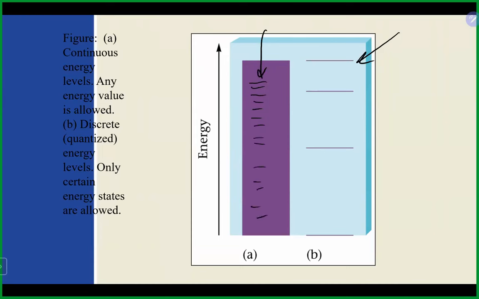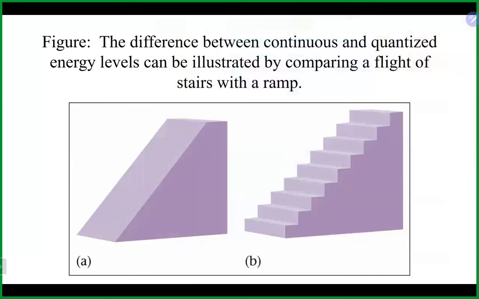So there's not a distinct amount. We always know, for example, if this is our N equals 3 and this is our N equals 2, there's only a certain amount of energy required to do that, and that electron will gain or lose that amount of energy to fully make that transition. Once again, it won't stop anywhere in between. And there's our stairs and ramp explanation as we talked about previously.